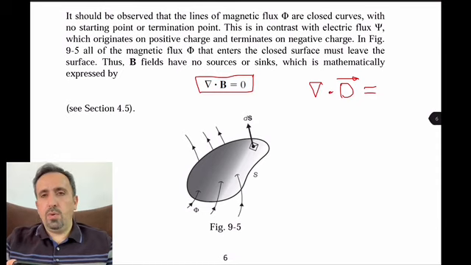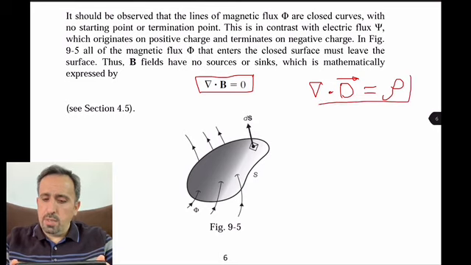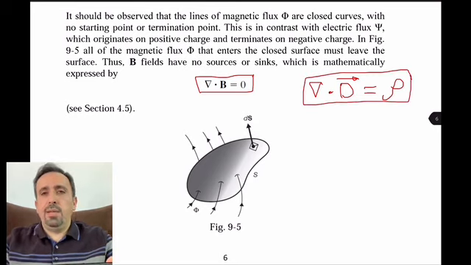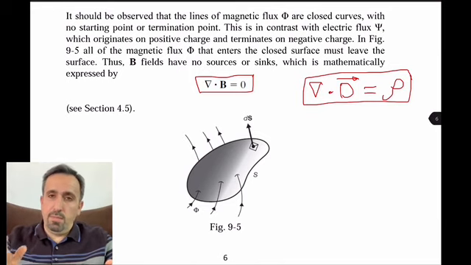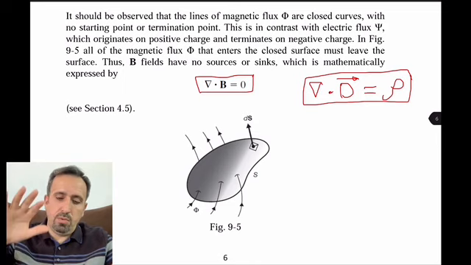If you take del of D, it will give you rho, and rho is the charge density.